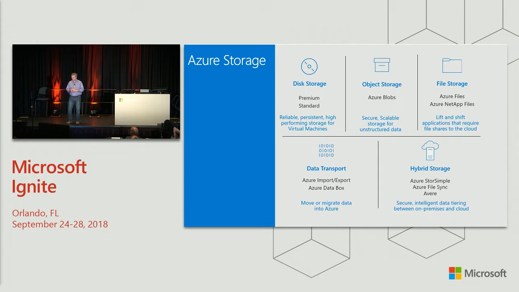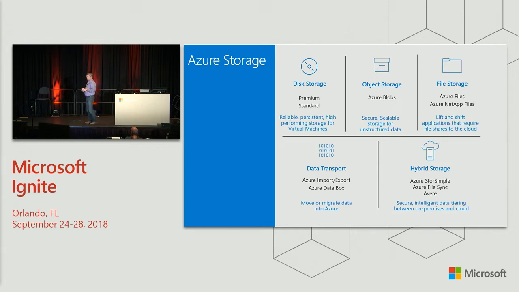and we'll load it into Azure for you. And then we provide several capabilities focused on these hybrid scenarios that help you bridge between your on-premise and the cloud. So these include services like StorSimple, which is a local NAS device that is backed up into the cloud. Azure File Sync, which is a way to extend your local Windows file shares and have them be backed up into the cloud and synchronized across locations.